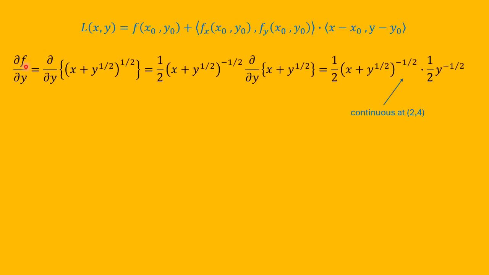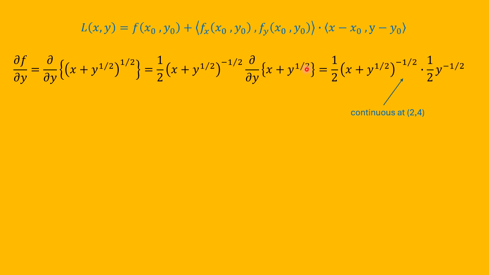So now let's find the partial of f with respect to y. So it's the partial derivative with respect to y, and this stuff right here is f. Once again, using the chain rule, we'll get 1/2 this stuff to the minus 1/2 power times the partial derivative with respect to y of this stuff. Now the partial derivative with respect to y of x is 0. The partial derivative with respect to y of y to the half is 1/2 y to the minus 1/2.